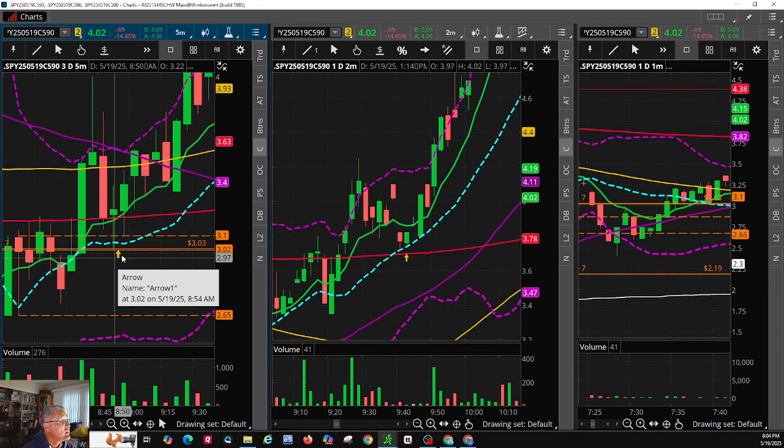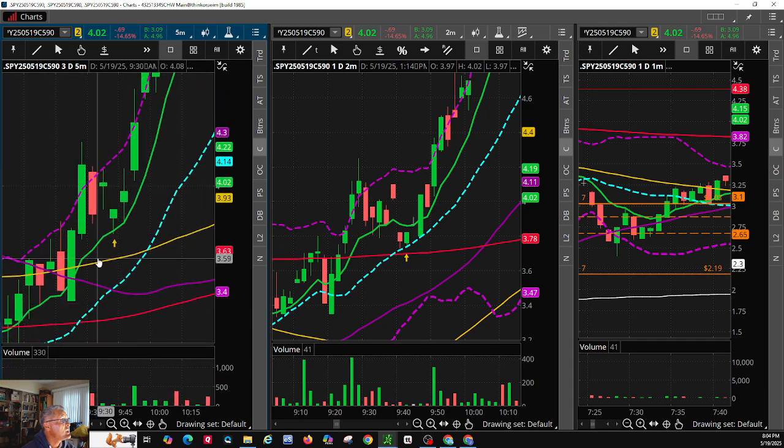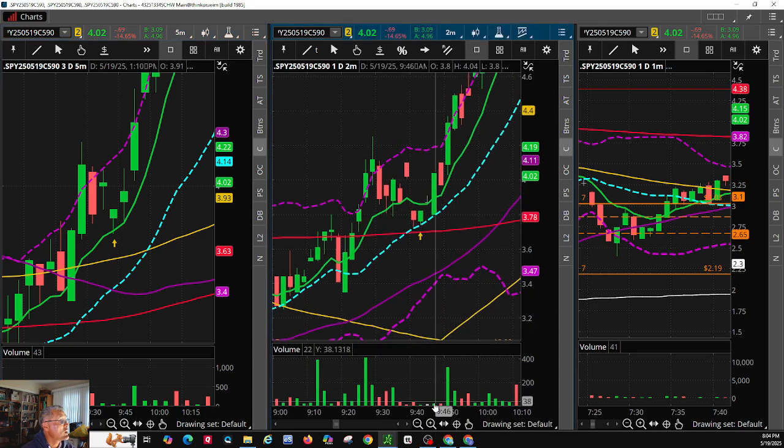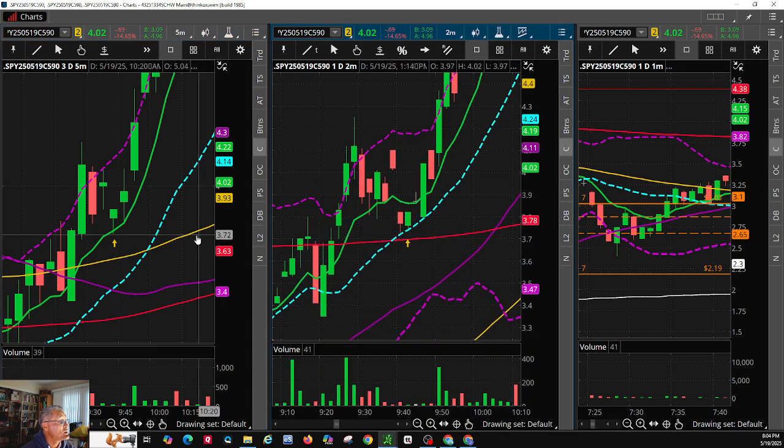So you get an entry here, 5 minute green on the call chart, 2 minute blue on the 2 minute chart, and many times when you get a retest of the blue here, it's pretty much the same as the 5 minute here. Oftentimes, that's a good double confirmation there.